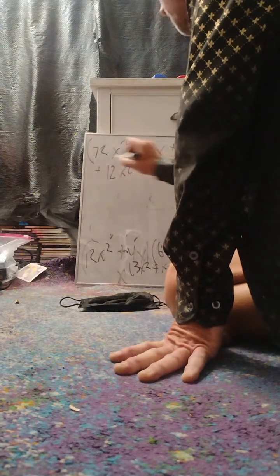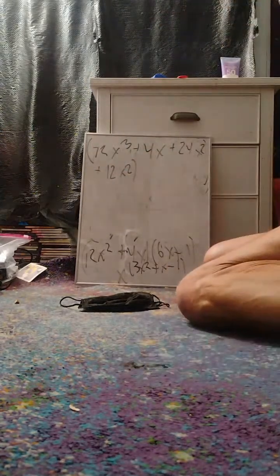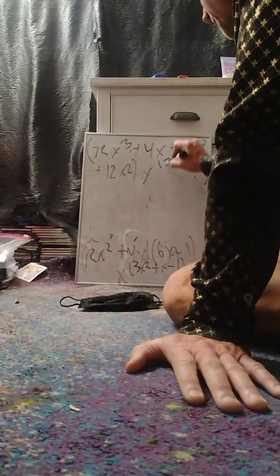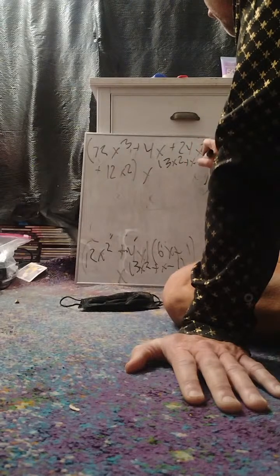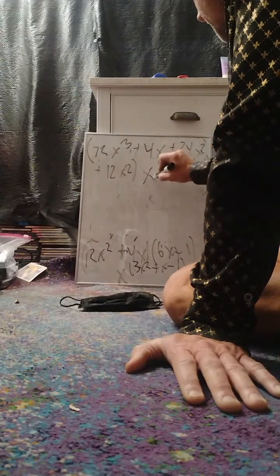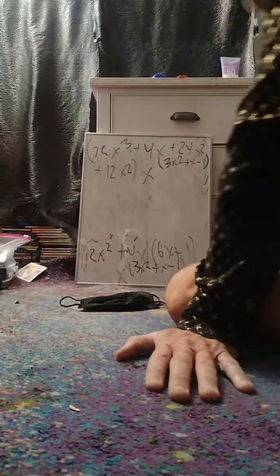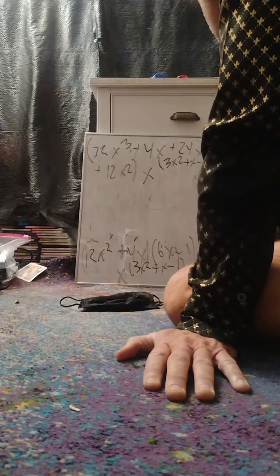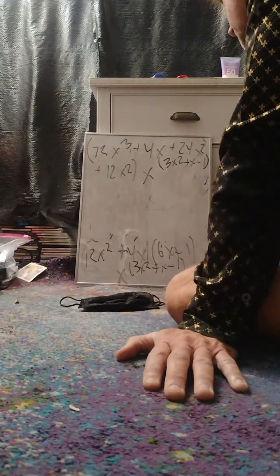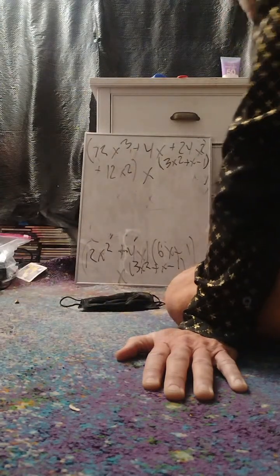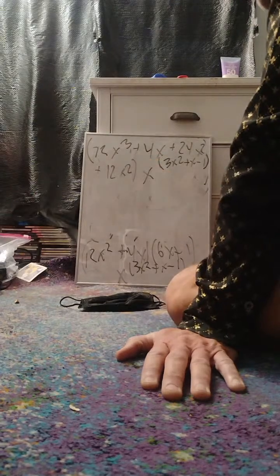So I have this whole polynomial times x to the 3x squared plus x minus 1. And that would be the derivative of that original function. I can simplify that a little. Sure, I could. 24x squared and 12x squared is 36x squared.